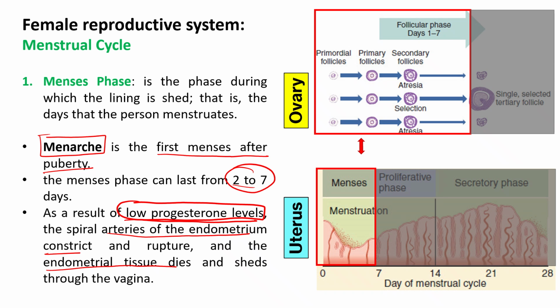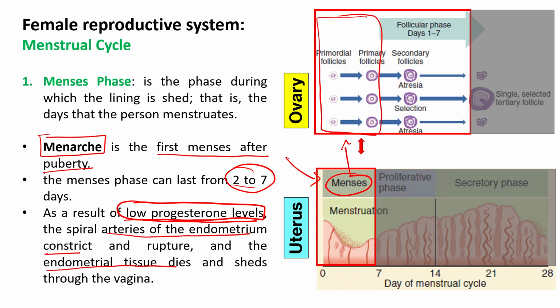So once again, look at what's happening in the menses or menstruation, and see what's happening in the ovary. In the ovary, I told you before, we don't have any follicles that produce hormones because there was no pregnancy. So now in the ovary, while this is occurring in the uterus, the ovary is getting ready and making a new follicle.